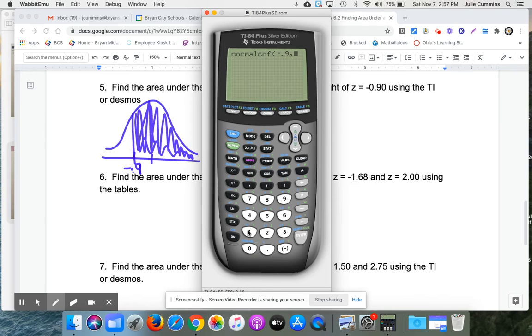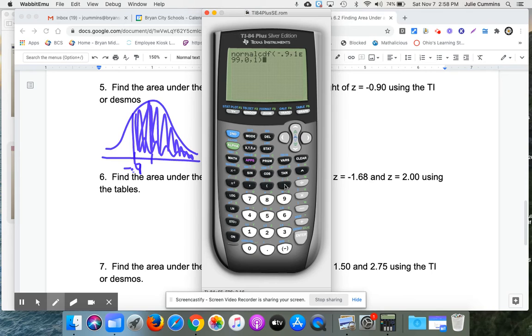So the way we do infinity on these calculators is 1, and then you need your double E button that's above the comma. So that one. So there's E to the 99, so that's infinity. Comma, and then we have mu and sigma. These should already be in your calculator. Mu is 0, sigma is 1.